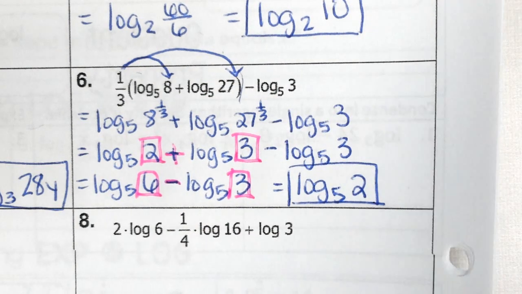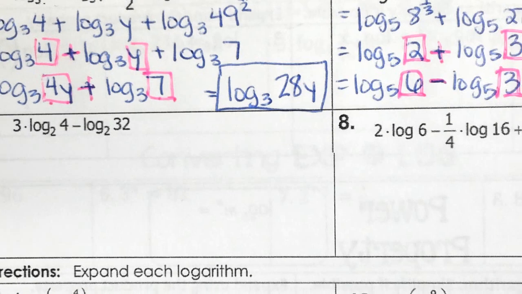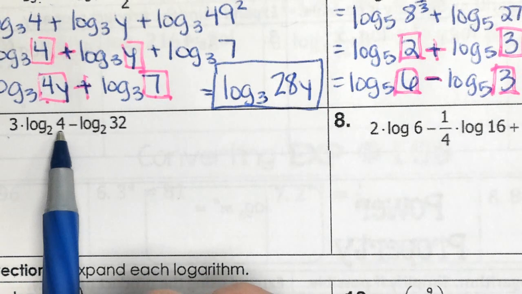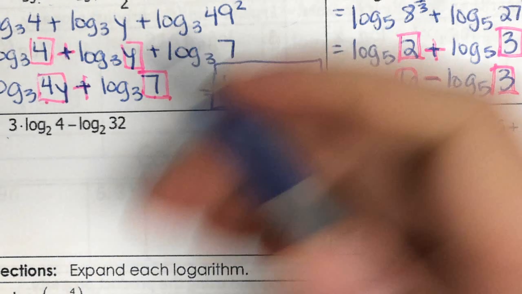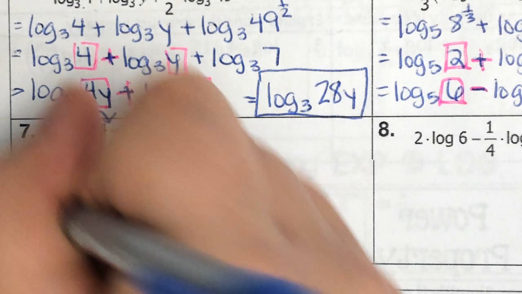All right, moving on to number 7. 2 logs, we need to condense it to 1. This 3 is attached only to the first log, not to the second one, because there is no parentheses. So the 3 attaches itself to the 4. That's your first step, always.